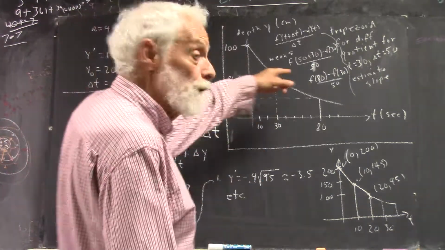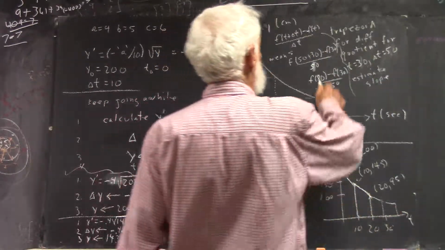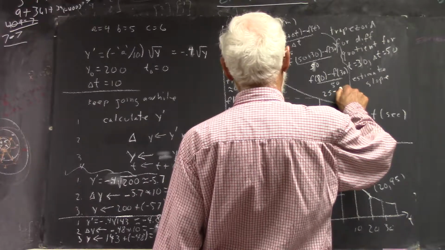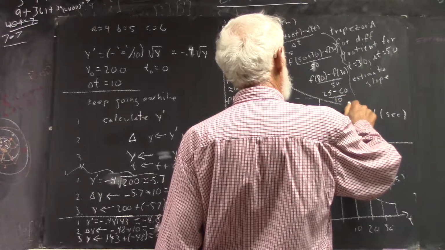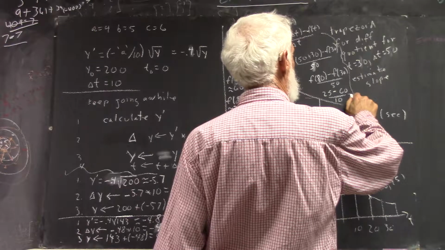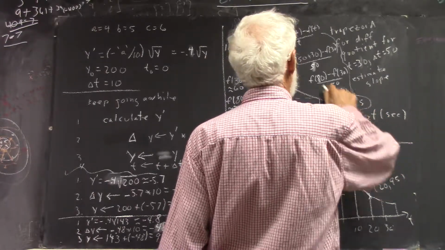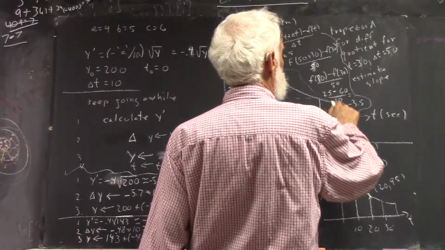Well, let's finish the difference quotient, because that's what you just said, and that's a good thing to do. So f of 80 is about 25, f of 30 is about 60. You divide that by 10, and you get negative 35 over 10. So that's the value of your difference quotient.